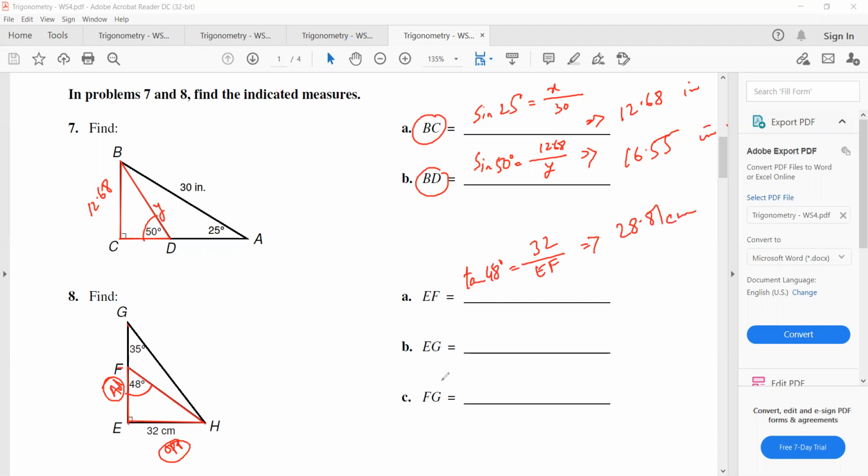Now EG. For EG, I have to take... Now find EG. I will not show. Find EG yourself. 74.51. No, not correct.